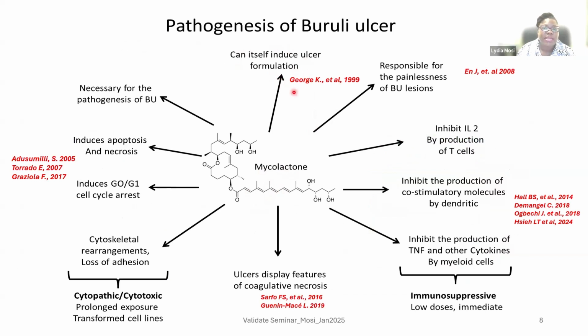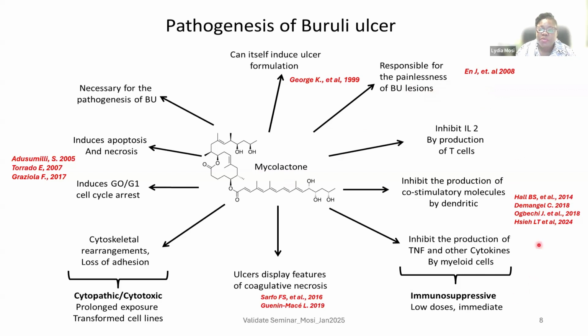George et al. in 1999 was able to demonstrate this very clearly and also to prove that it was not a protein, but actually a lipid toxin. Several studies out of N's group in Japan, as well as other researchers, have also identified that the toxin is capable of killing nerve cells, and that's what has been found to be responsible for the painlessness of the lesions.